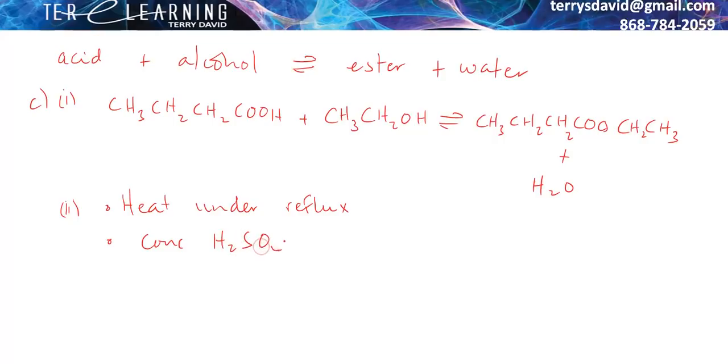So conc H2SO4 as a catalyst. And then in third part, they want us to say the type of reaction. So this type of reaction here is called an esterification reaction, right?